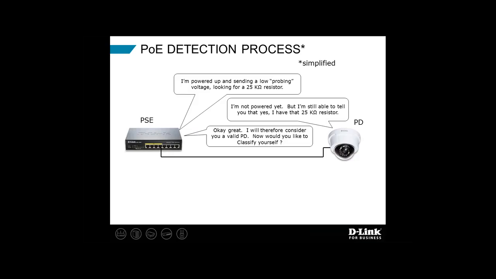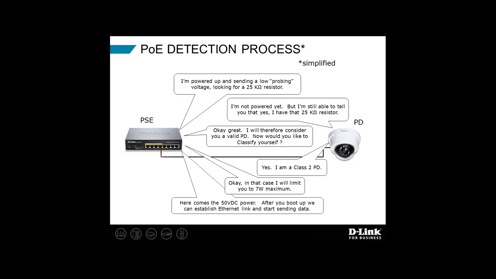Would you like to classify yourself? And in this case, the camera says, yes, I'm a Class 2 PD. And so the PSE understands that, and says, okay, since you're Class 2, you're telling me you'll never need any more than 7 watts, so I'll limit you to 7 watts maximum. And now I'm going to apply the roughly 50 volts of DC power on the wire, and you can boot up.